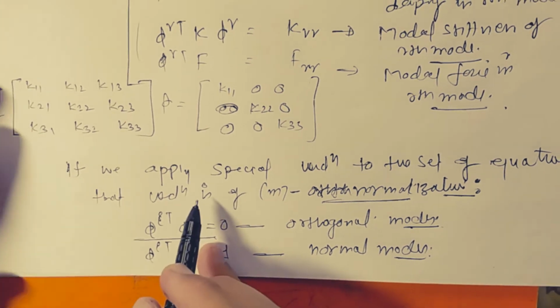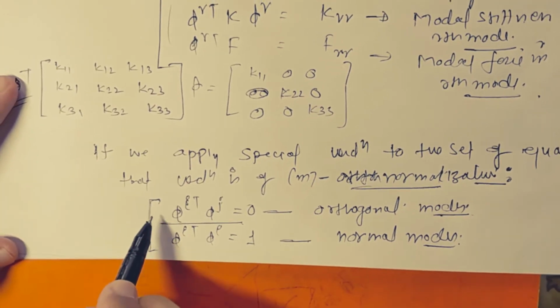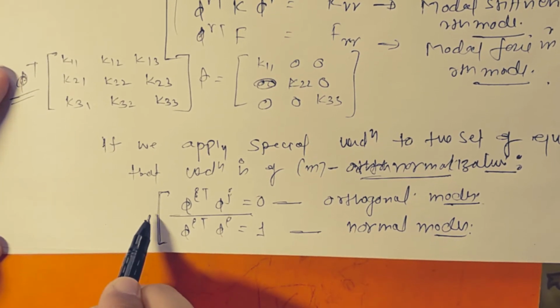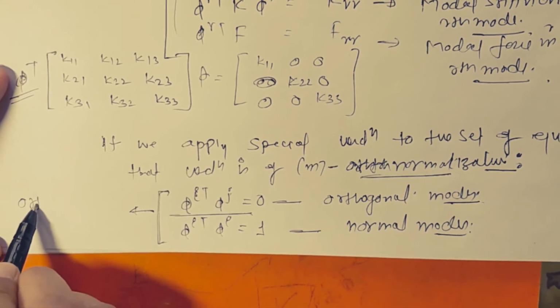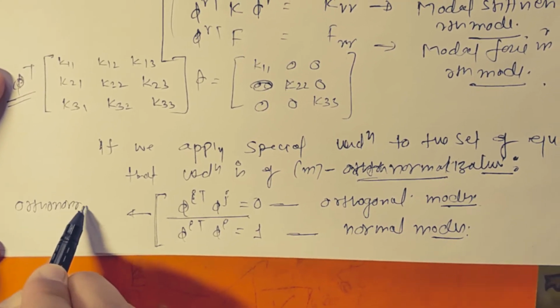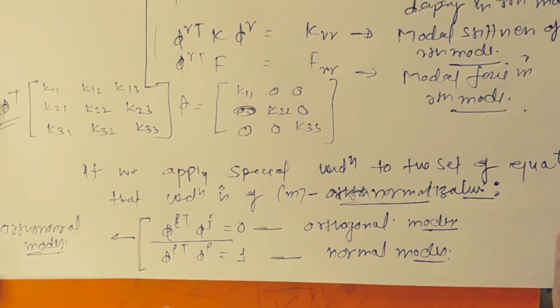And if the mode shapes satisfy these 2 properties simultaneously, then those mode shapes are known as orthonormal modes.